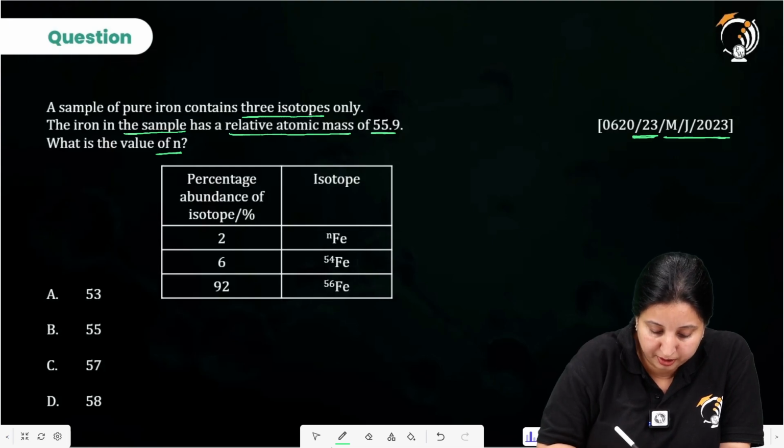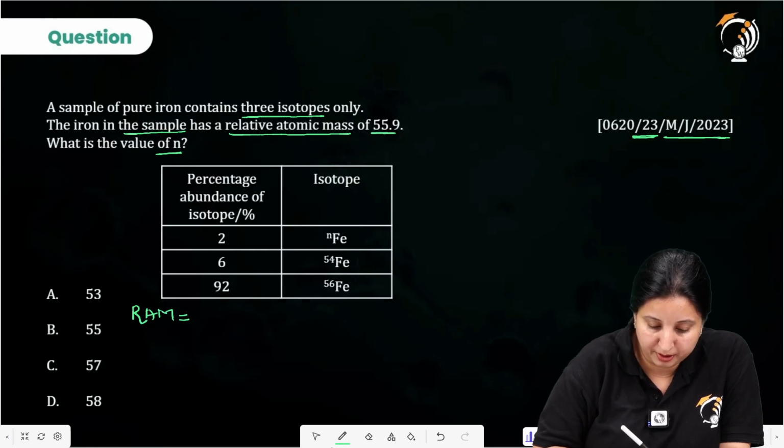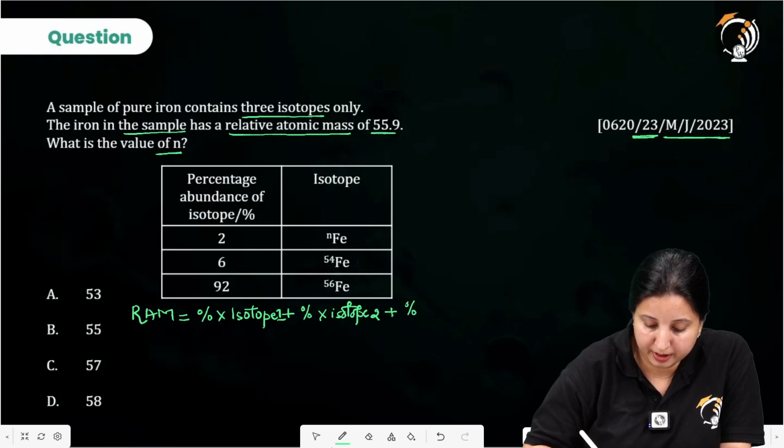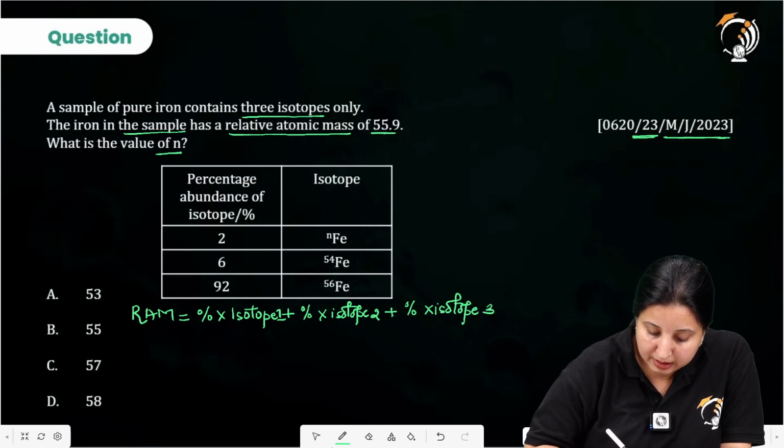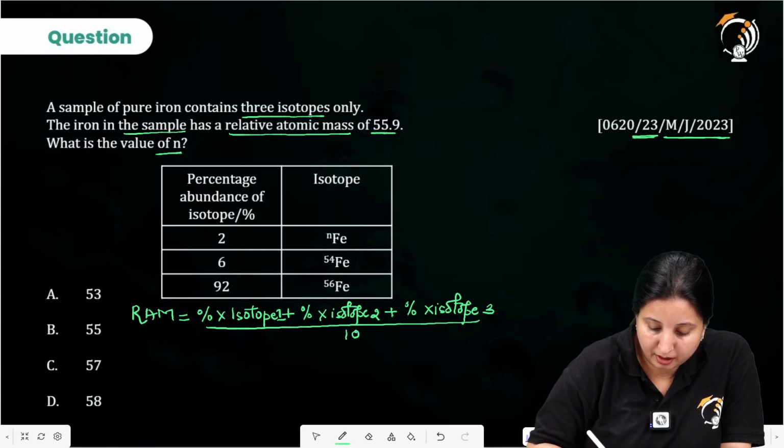So look, what is going to be the formula? Relative atomic mass is going to be your percentage abundance multiplied by isotope 1, plus percentage abundance multiplied by your isotope 2, plus percentage abundance multiplied by isotope 3, and divided by 100.